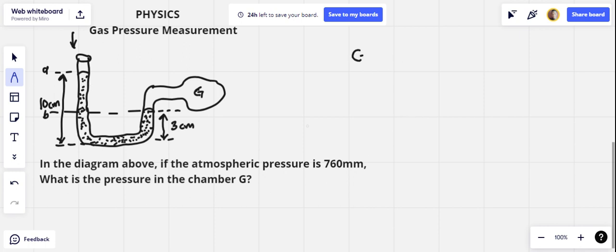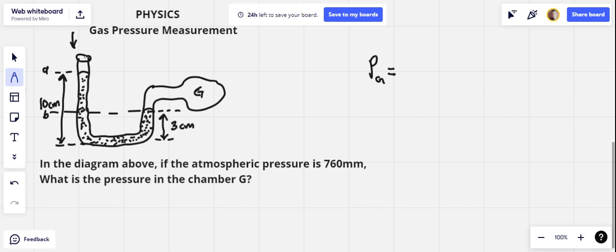So pressure from the gas, let me say pressure subscript G, that's the pressure from the gas, will be equivalent to what?